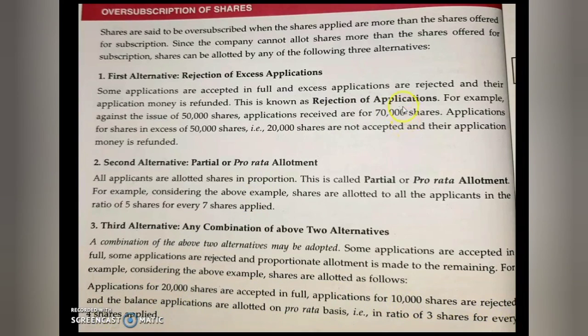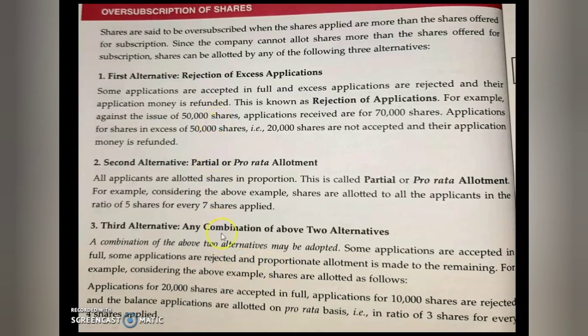Out of the 70,000 which we have received, 20,000 we have accepted in full and 10,000 we have rejected, so the remaining 40,000 will be given on a proportionate basis. That means in the ratio of 3 shares for every 4 shares applied. So those who are asking for 4 shares, we will not give them the complete allotment, but we will give them 3 shares. In that proportionate way, we will do the problems.